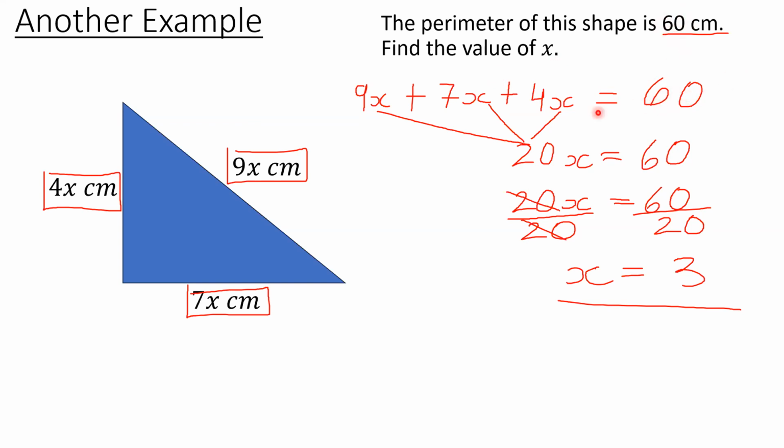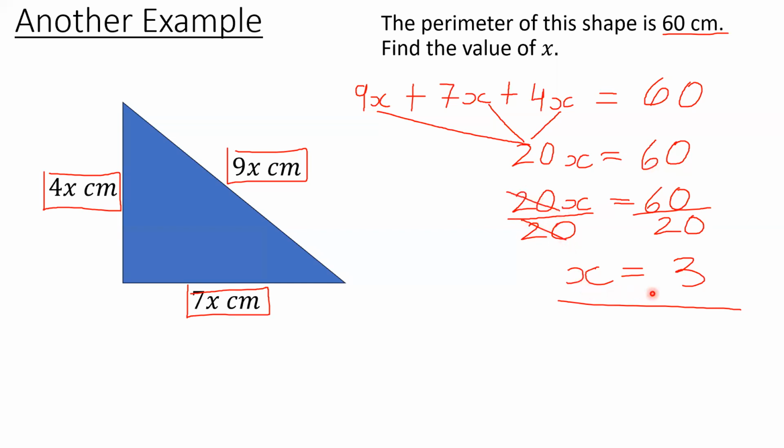All right. And then I add them. What is 9x plus 7x plus 4x? 20. That's how we get the 20x. You see that? Yes, sir. And we just bring down the 60. Then what do we do at this point? We divide both sides by 20.